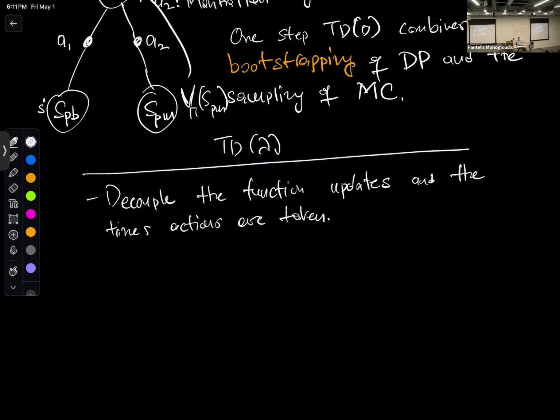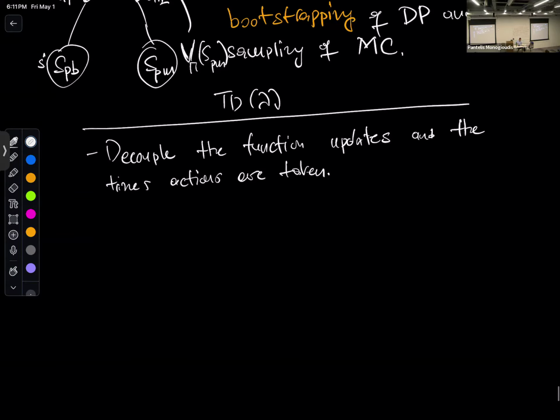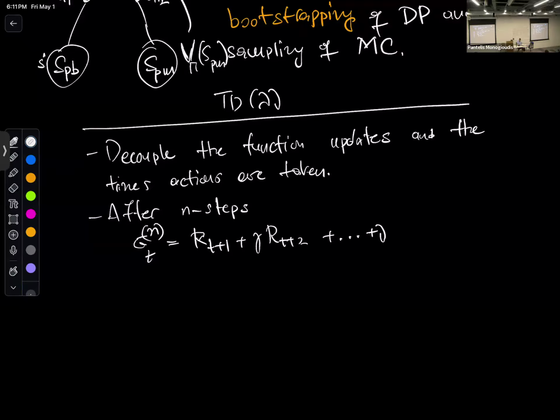Now, we're not doing just one state backup. We can do that over multiple states. So after n steps, let me write down the expression, it will become a bit easier. After n steps, Gt of n is equal to R t plus 1 plus gamma R t plus 2 plus dot dot dot plus gamma to the power of n minus 1 R t plus n.